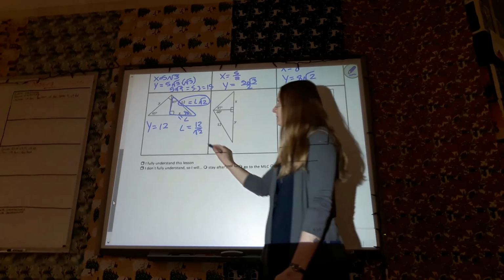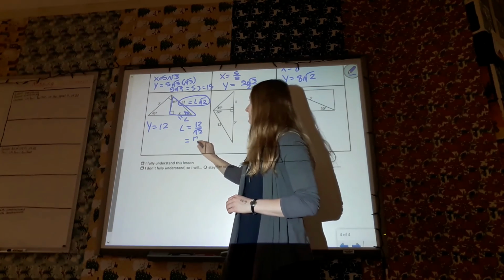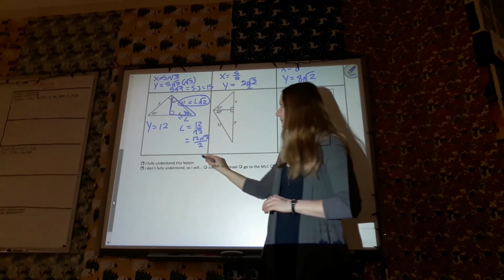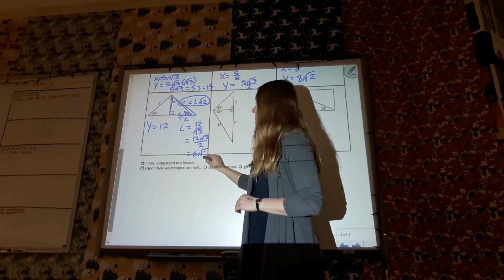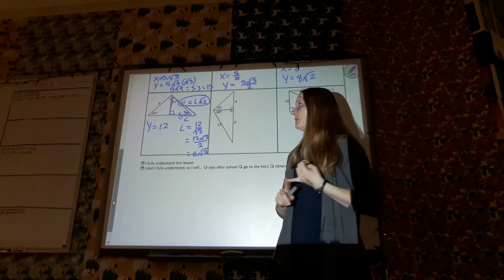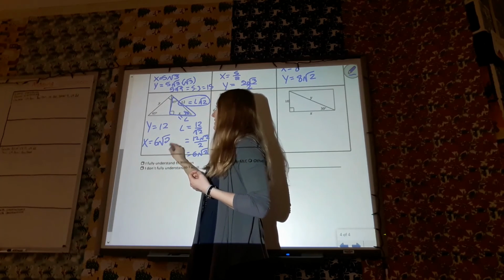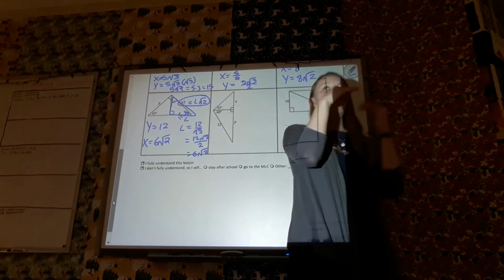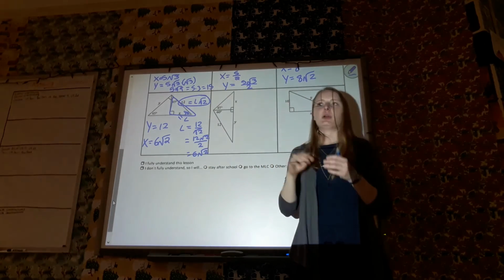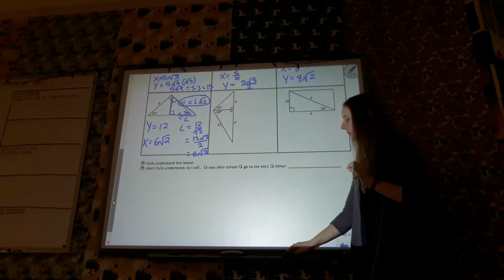How would I fix that? 6 root 2. So we know that L, in this triangle that I've highlighted blue, is now 6 root 2. So then what would x be? 6 root 2. So be prepared to see two different triangles working together, where a number, like 12, serves two different purposes depending on which triangle you're working in. So be prepared for something like that.